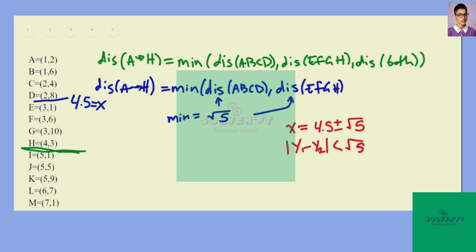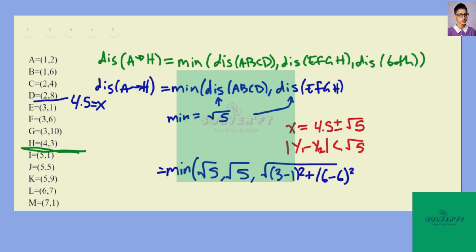And so when we do that, we get that this distance is equal to the minimum. So we had the ABCD of square root of 5, the distance from EFGH to be the square root of 5, and then we're also going to take points B and F. So that gives us the square root of 3 minus 1 squared plus 6 minus 6 squared. And so that is equal to 2, which is going to be our minimum here.